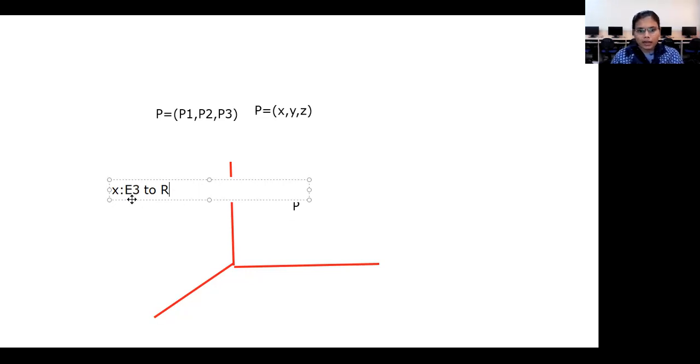Originally we are plotting our point P. If we want to plot a point P, we must know the x, y and z coordinates.